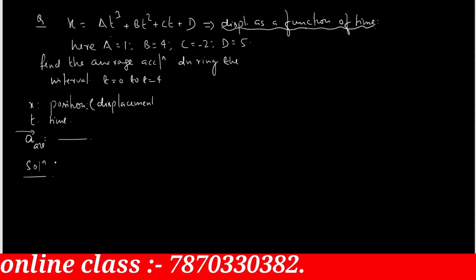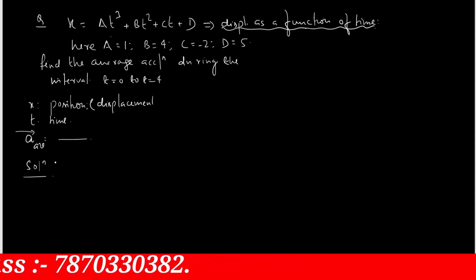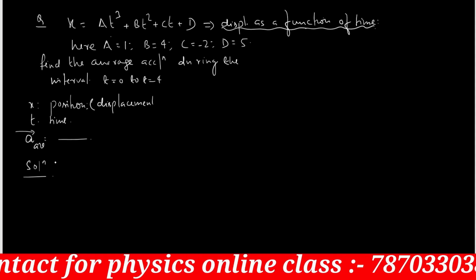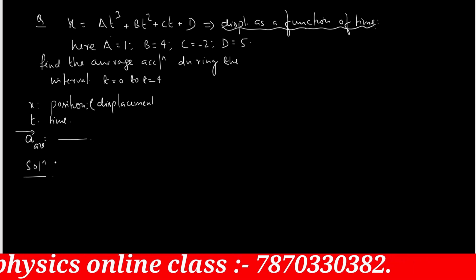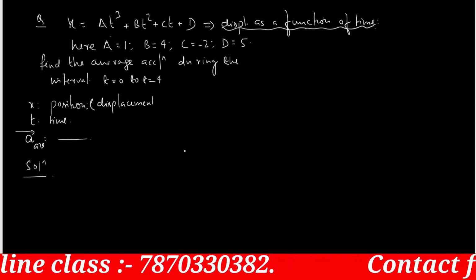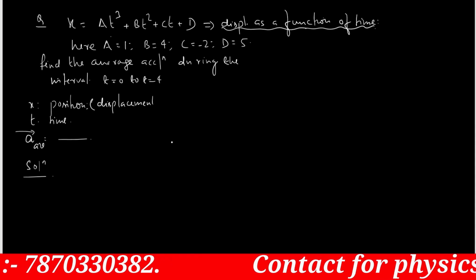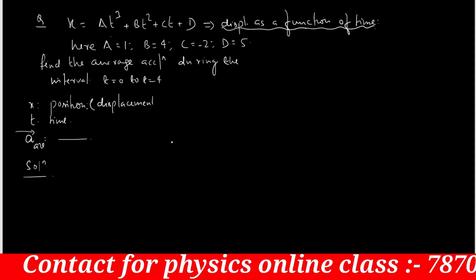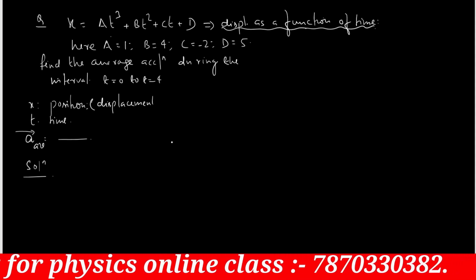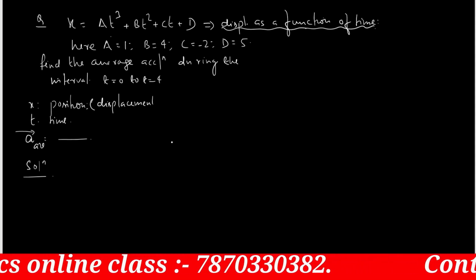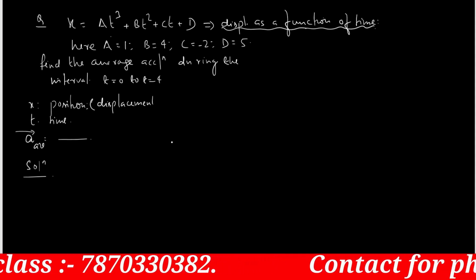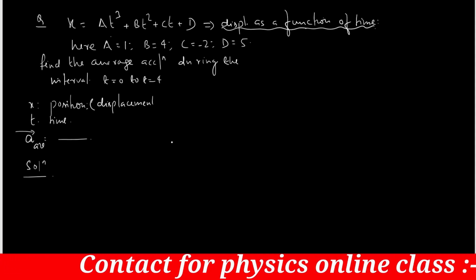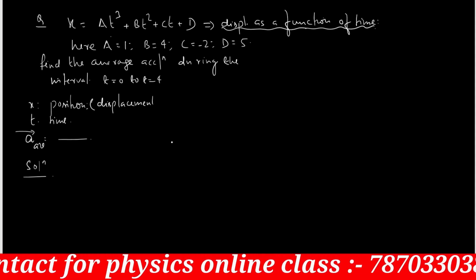Can you do this, Mohammed? Yeah, I can do it. First, because you told me what a, b, c, and d are, I got x equal to t cubed plus 4t squared minus 2t plus 5. Then I differentiated it to find the instantaneous velocity: dx by dt is equal to 3t squared plus 8t minus 2.